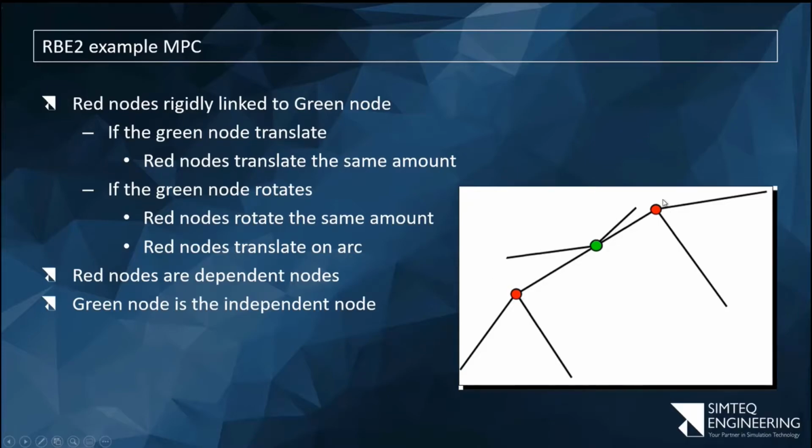This connection acts as completely rigid in this case. Okay, so that's for the translation, but what happens if I rotate? If this one rotates about the normal to the screen, this node will translate in that direction, this one will translate in this direction, actually on an arc, but the first linear bit is just that motion in that direction. Okay, so that's for an RB2, which is simply a rigid MPC.